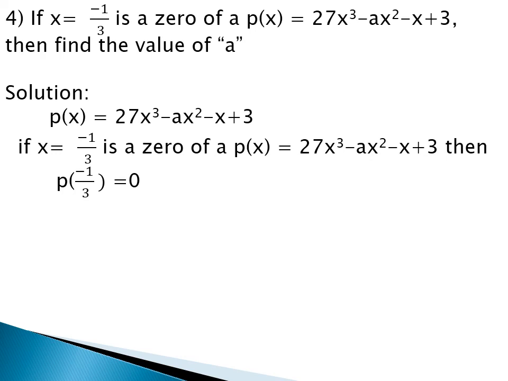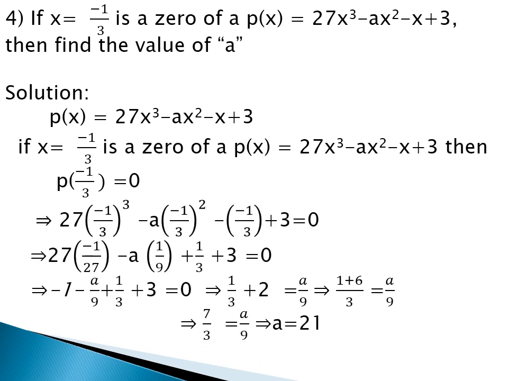What is p of minus 1 by 3? 27 into minus 1 by 3 whole cube minus a into minus 1 by 3 whole square minus of minus 1 by 3 plus 3 equal to 0. Substitute the values correctly and take the powers. Let us see the substitution.